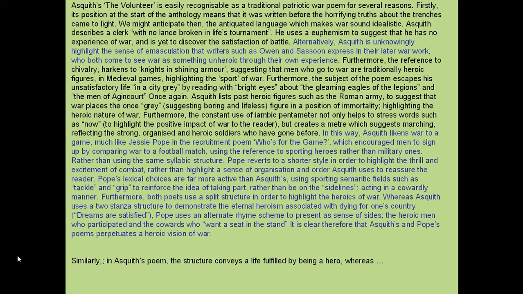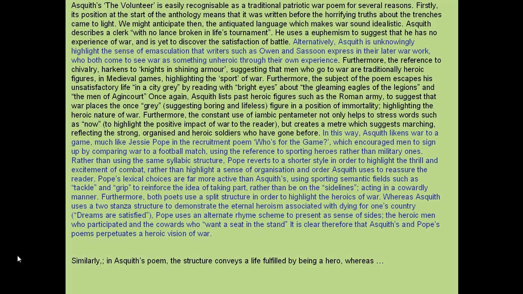Furthermore, the reference to chivalry harkens to knights in shining armour, suggesting that men who go to war are traditionally heroic figures in medieval games, highlighting the sport of war. Furthermore, the subject of the poem escapes the unsatisfied life in a city grey by reading with bright eyes about the gleaming eagles of the legions and the men of Agincourt.